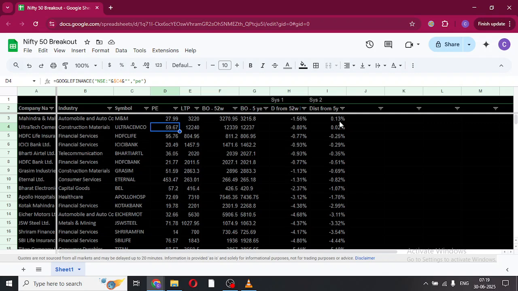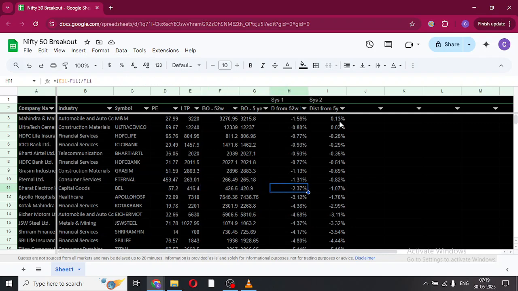So let's say your metric is that the P/E should be less than 50, then you would possibly buy Mahindra and Mahindra. You wouldn't buy Ultratech because the P/E is 60. You wouldn't buy HDFC Life if the P/E is 95. The rest of them you can buy. Grasim is marginal at 51, you wouldn't buy that. Eternal you won't buy, 453 is a huge P/E.